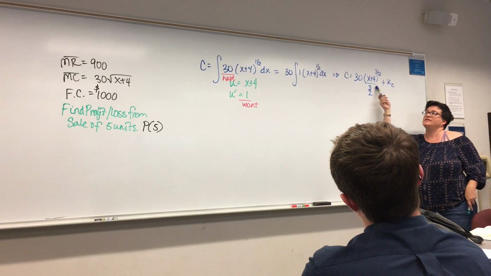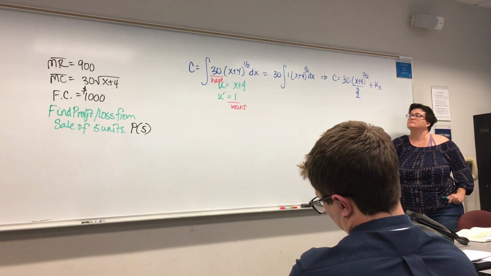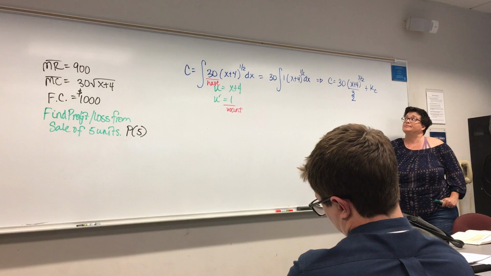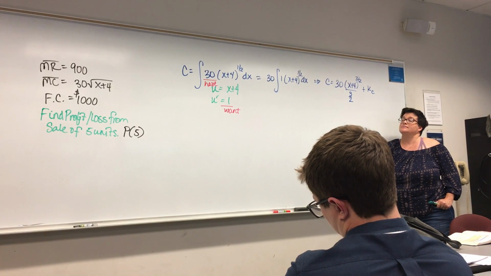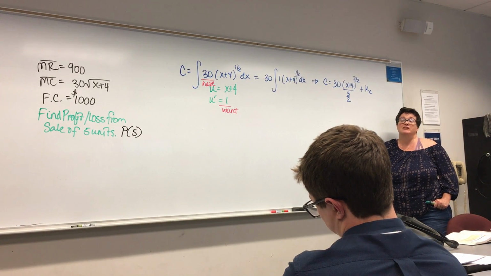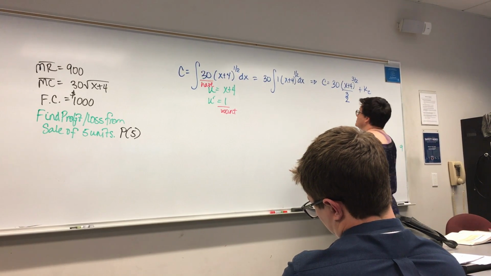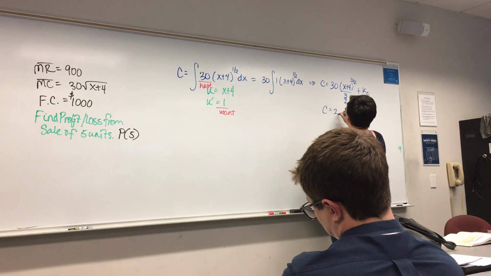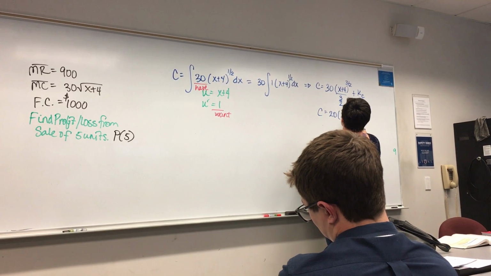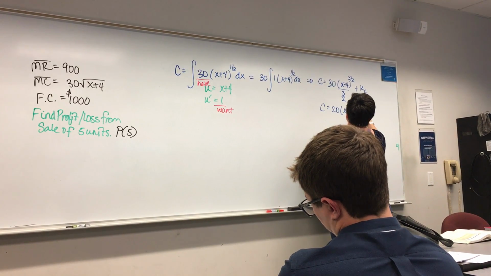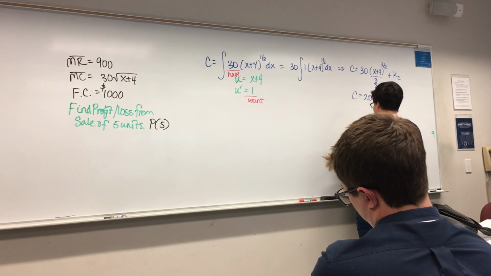When I resolve all of this nonsense, what am I gonna have? 20, yeah, because 30 times 2 divided by 3 is 20. So cost equals 20 times x plus 4 to the 3/2 plus k sub c.